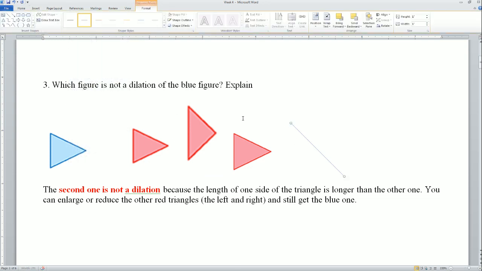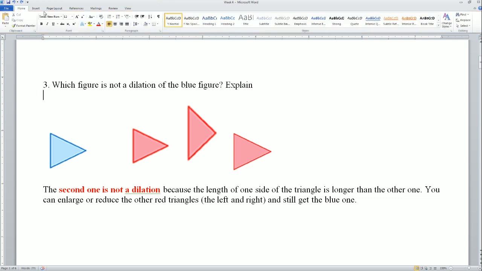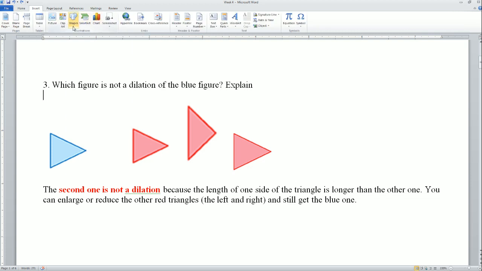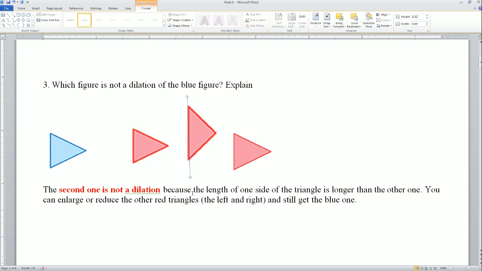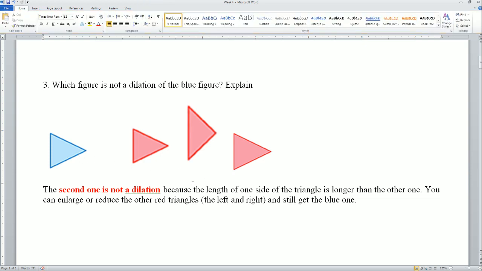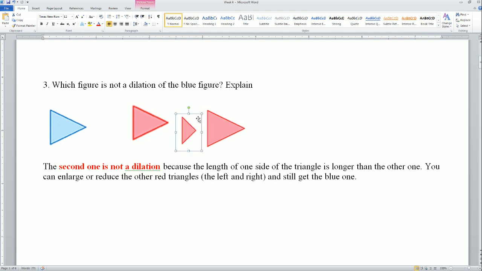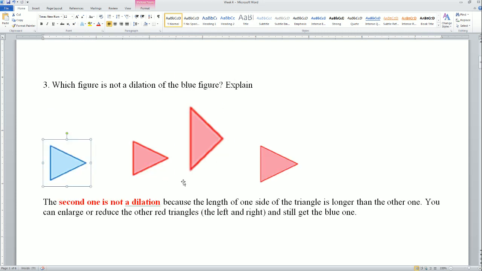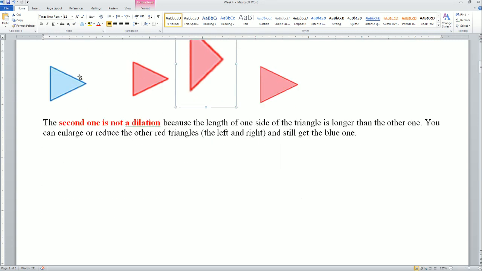This extra length is the reason why I can't reduce or enlarge it to get the blue one. This is why the second one is not a dilation of the blue figure.